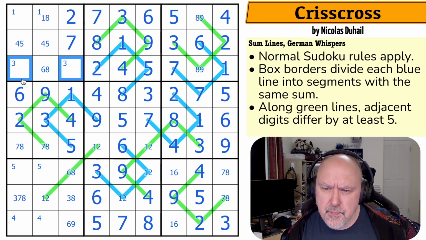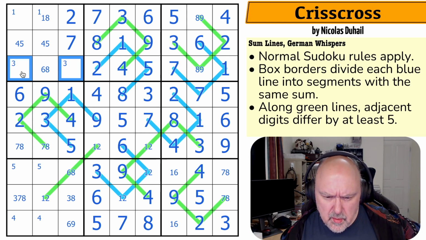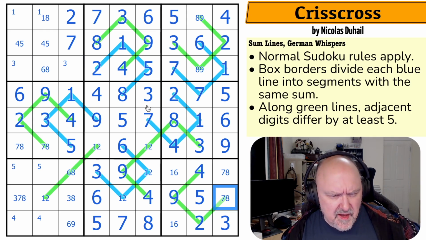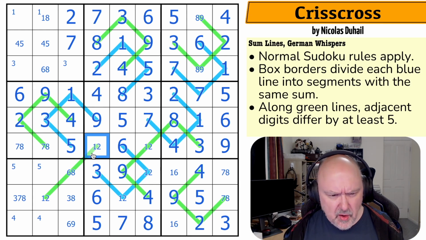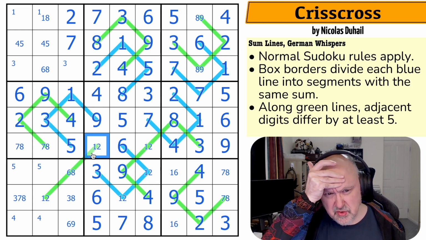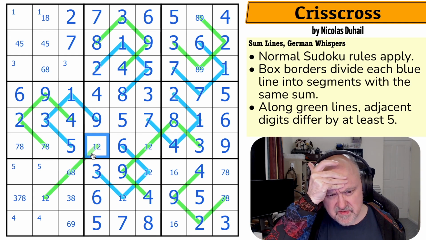I'm a little perplexed. The only digits I'm seeing that are forced are the 1s and 2s, but I'm not seeing how that resolves.